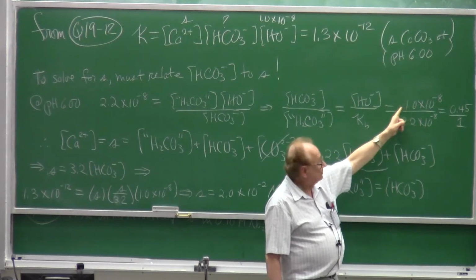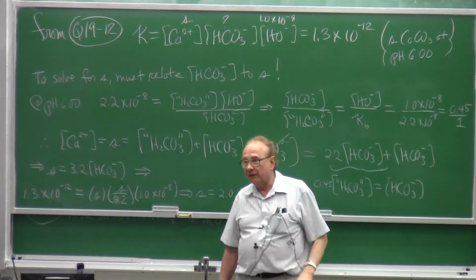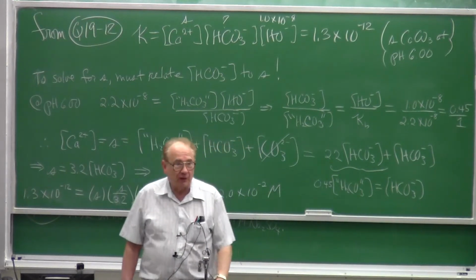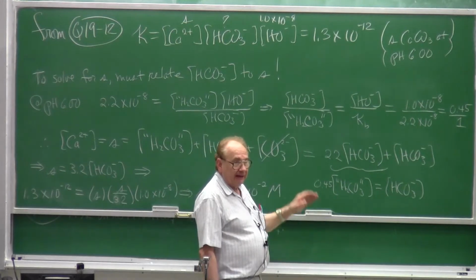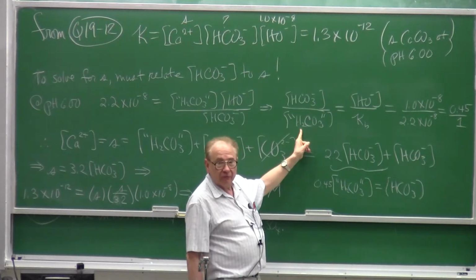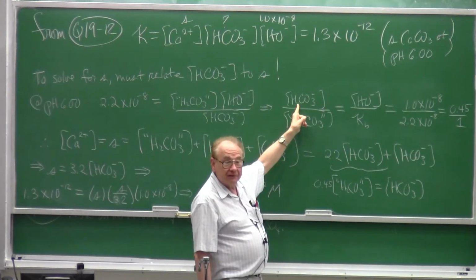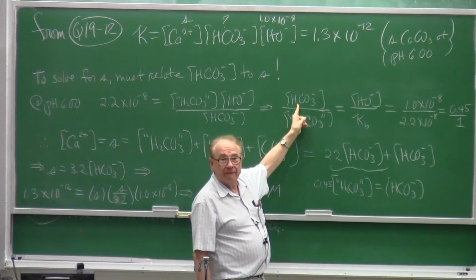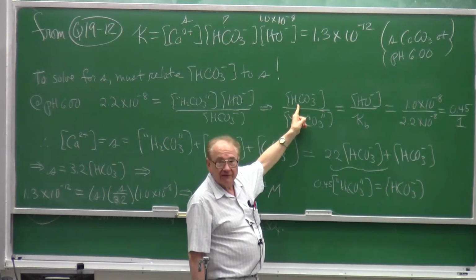So, hydroxide ion molarity divided by Kb gives us a numerical ratio of 0.45 to 1, showing us that in this solution at pH 6, this is the predominant form of carbonate-containing stuff, but this is also a form which has a concentration of significance.